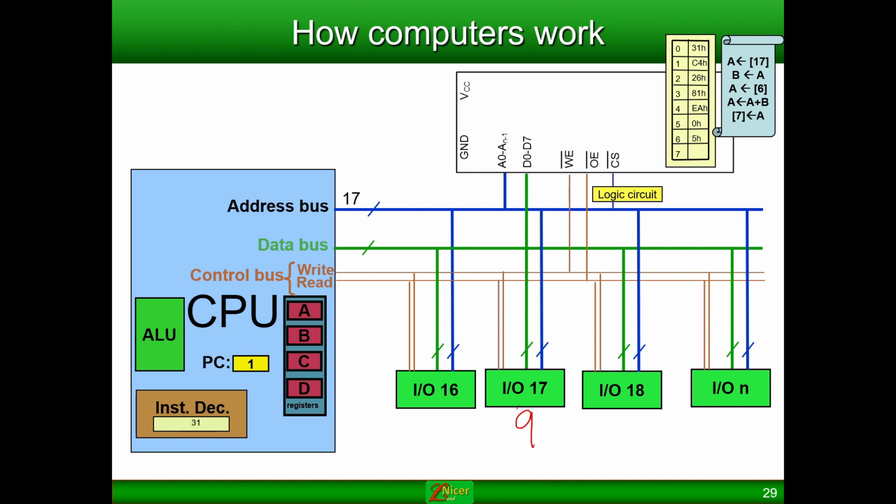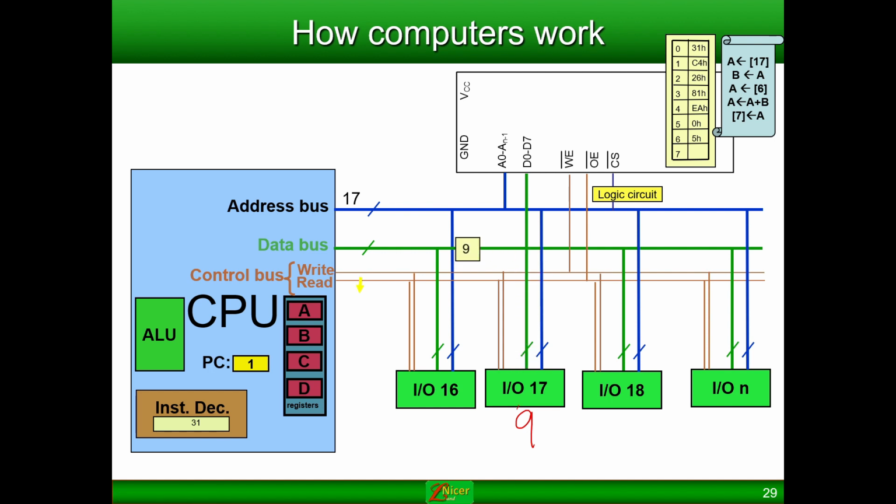Then we go to address number 1. So now we use the input output pin 17, and if we give the input output 17 a value of 9, and here we can see that the 17 pin goes to A. So if we give a value of 9 here, it will be given to A to store.